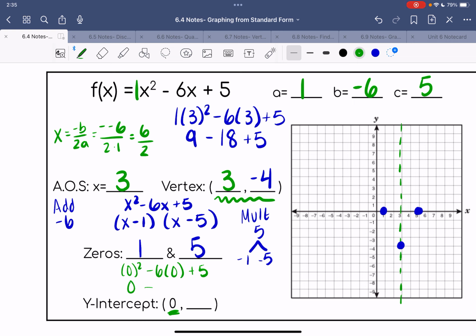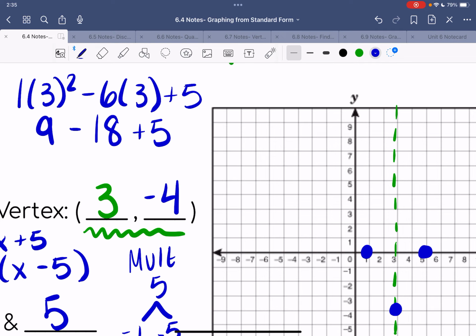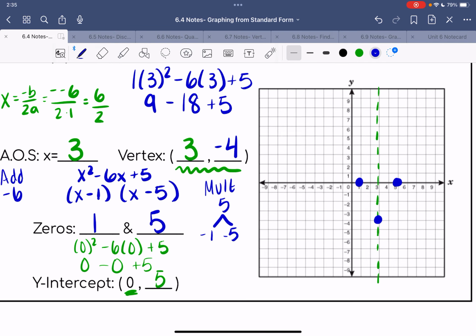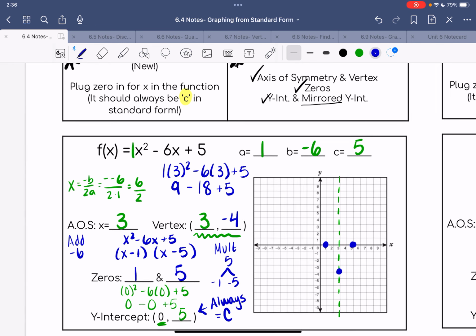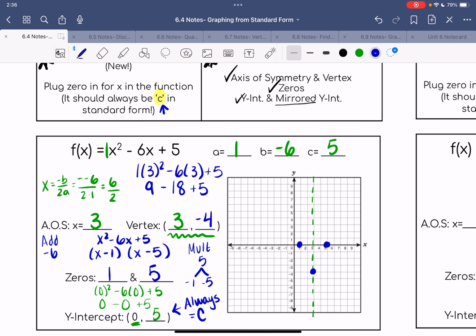Negative 6 times 0 is 0. And then 5 is still 5. So 0 minus 0 plus 5 is 5. So your y-intercept is always going to equal c. If you want to put a note to yourself in your notes, it's up there that it's always going to equal c.